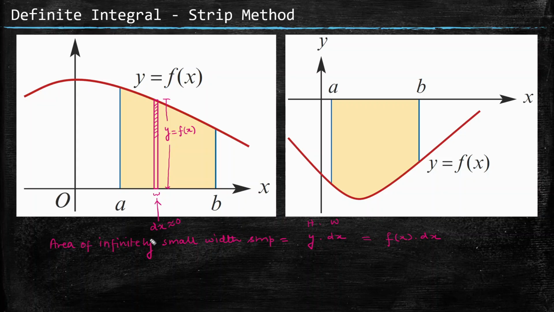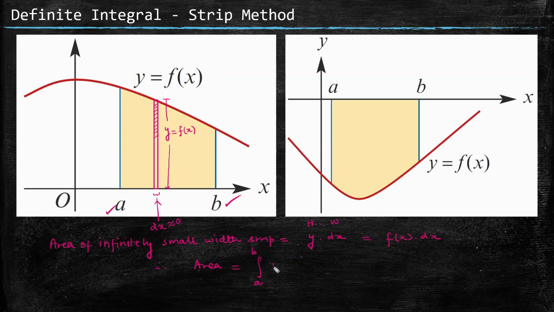Integration means addition. Integration means to put it all together, to combine all together. That's the meaning of integration. So the area will be equal to, from A to B, so we want to find the area from A to B. If we add these rectangular strips of infinitely small width, then we get the area.